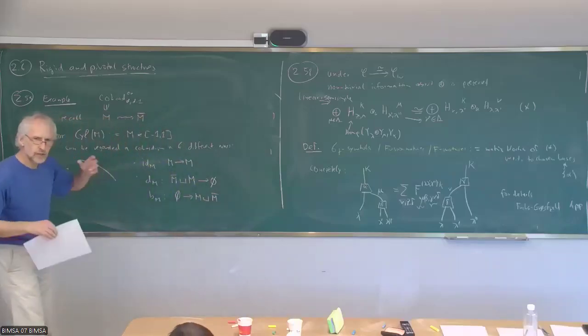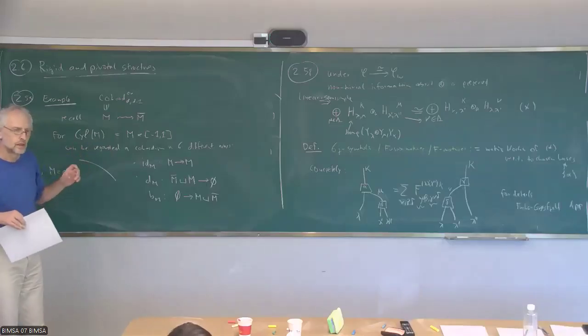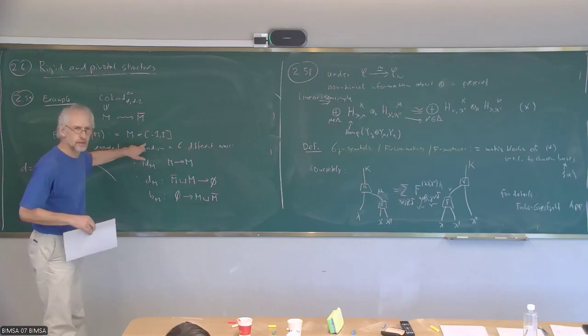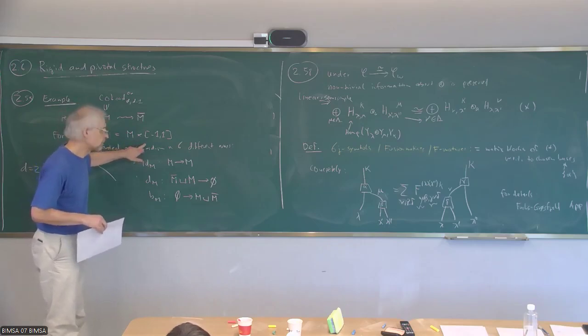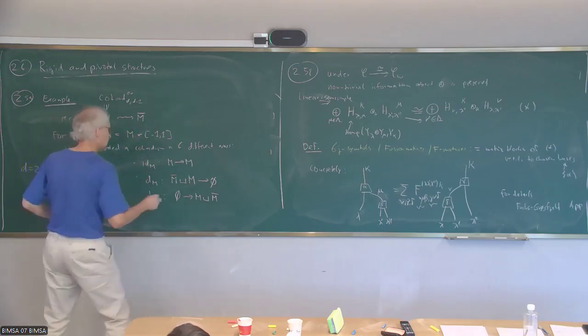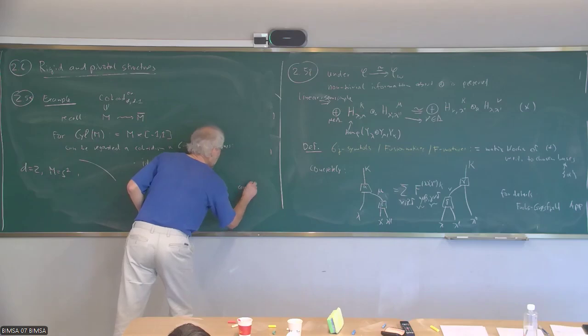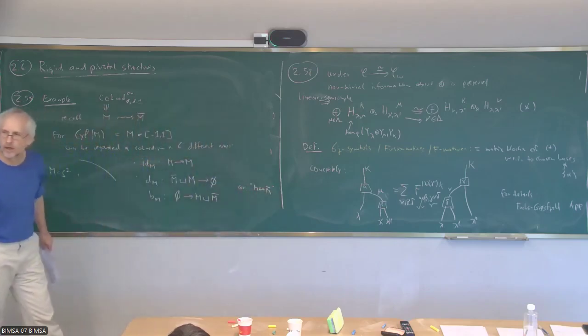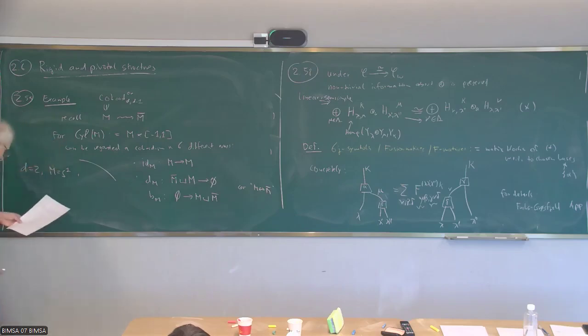This depends on which of the two boundary components of the cylinder we interpret as incoming or outgoing. We also can interchange the role of M and M bar, so we get three more of them.